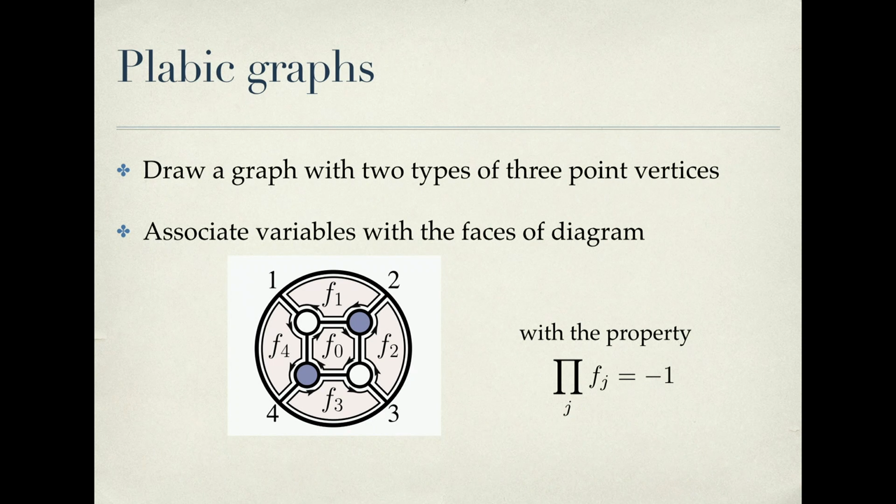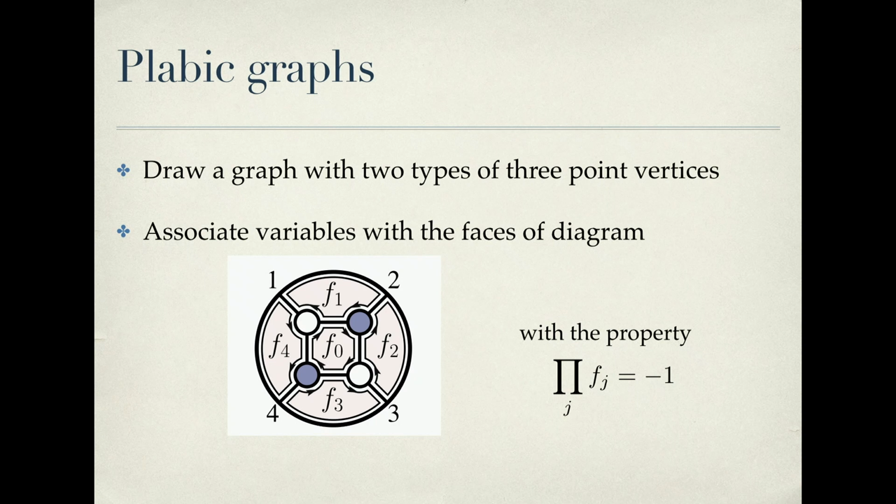And they used diagrams which looked exactly like the diagrams I introduced before to generate that matrix. Let me just tell you the procedure, just for illustration, not that it will play a particular role in the talk. The procedure is to draw a graph with 2 types of 3-point vertices, black and white.